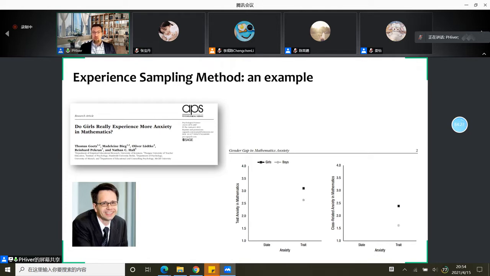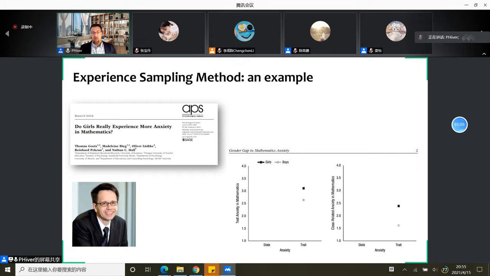So these researchers in Germany, with Thomas Goetz here, they began with an interesting question. Do girls really experience more anxiety in mathematics? And they looked at this question by comparing experience sampling data, in-the-moment assessment of emotions, with classical trait assessment of these constructs. So you can see here from these figures, their review of previous literature shows in both test-related settings and classroom-related settings, girls do seem to experience more anxiety in mathematics.